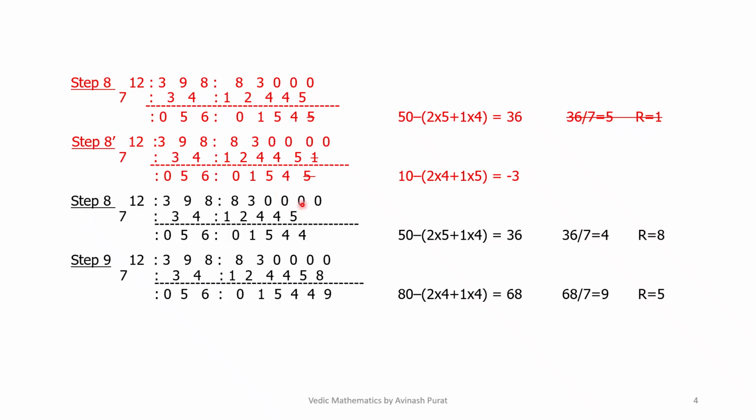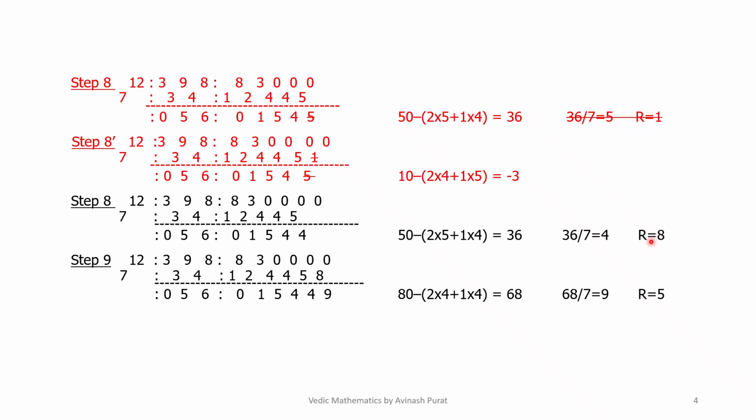50 minus 2 into 5 plus 1 into 4, that is 14. 50 minus 14 is 36. 36 by 7, instead of 5, now we take 4. So remainder is 8. 7 fours are 28. 36 minus 28, 8.